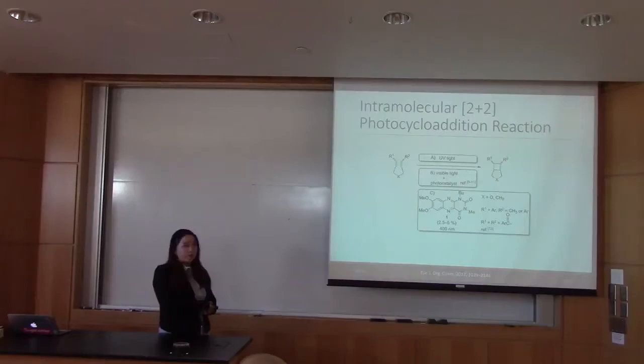This reaction also has a wide range of substrate groups. The X can be oxygen, carbon, or nitrogen groups. However, compared with the previous 2+2 reaction, this reaction has lower stereoselectivity.